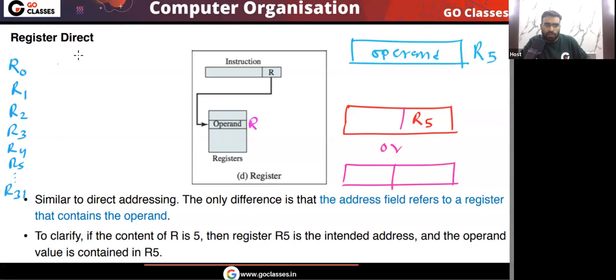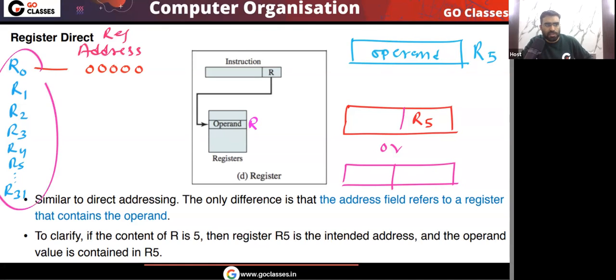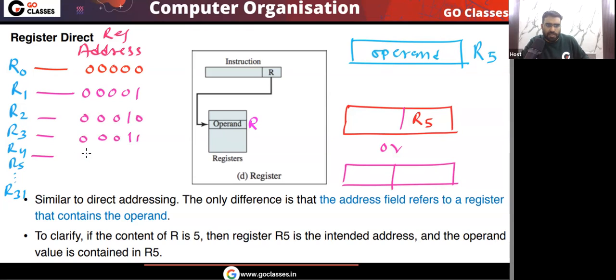Now you tell me, what will be the address of the registers? You have 32 registers, so the register address will need 5 bits, yes or no? So like this, you can put here 00101. So this is the point. I hope you understood.